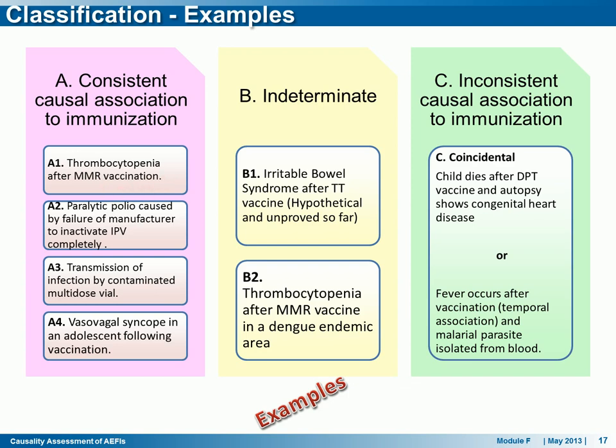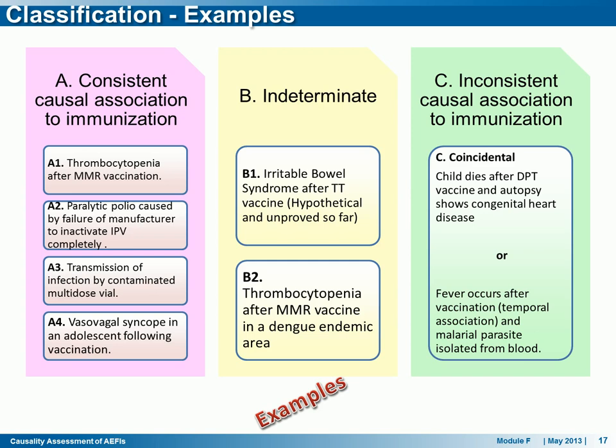The example for a vaccine quality defect related AEFI is paralytic polio caused by the failure of the manufacturer to inactivate IPV completely. If it is an immunization error related AEFI, it could be a transmission of infection by a contaminated multi-dose vial. If it is an immunization anxiety related reaction, it could be a fainting attack in an adolescent following vaccination, or a vasovagal syncope as we call it.